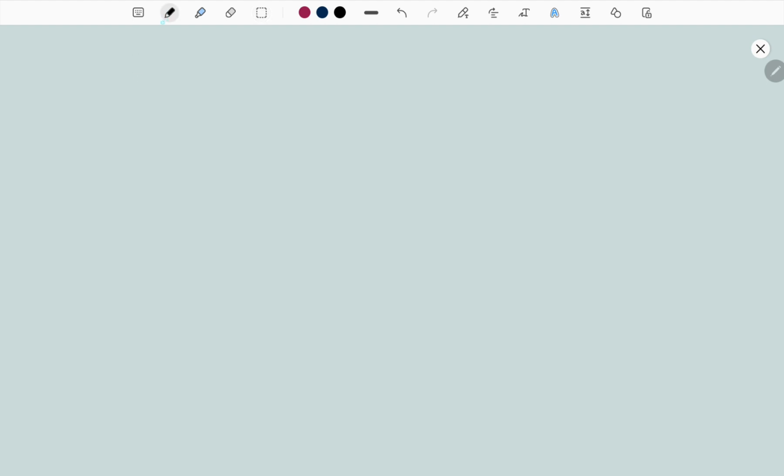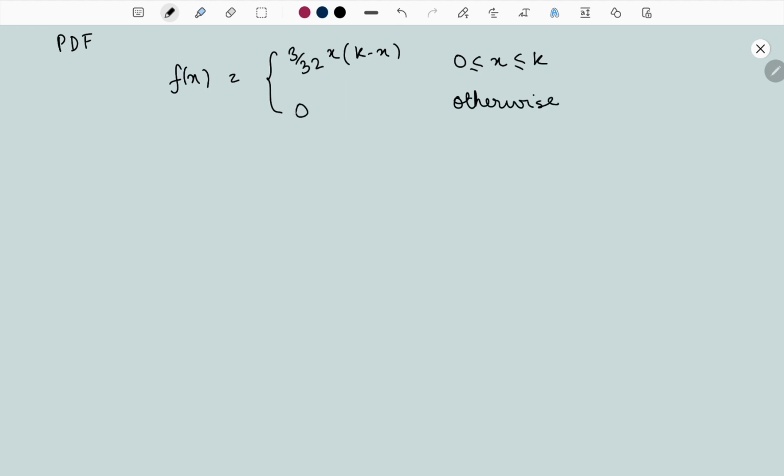We have a PDF of f of x equal to 3 by 32 times x(k minus x), where x goes from 0 to k, otherwise we will get the value 0. So find the value of k. This is a usual question in exams.